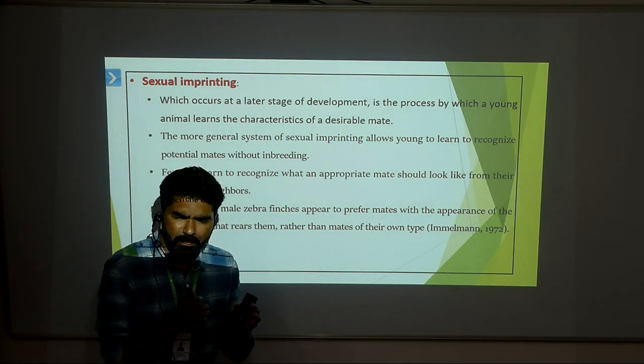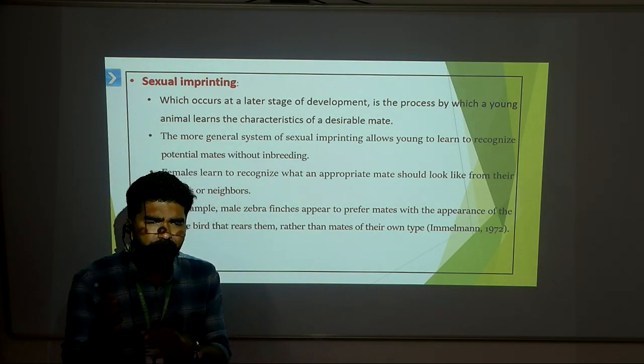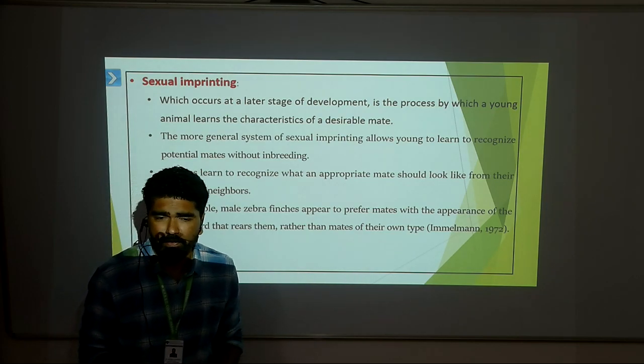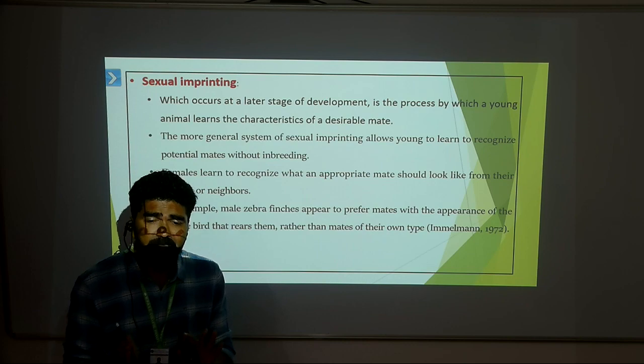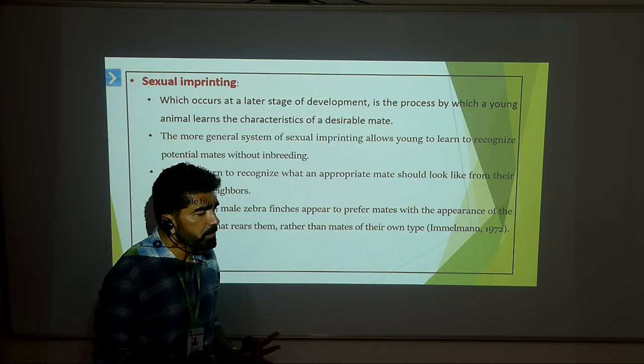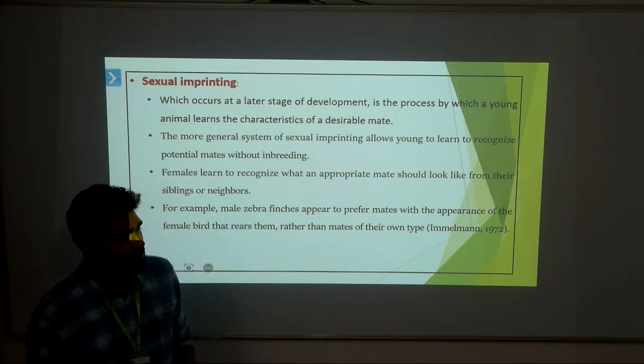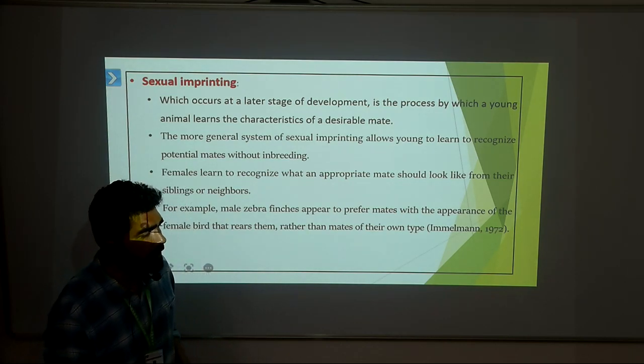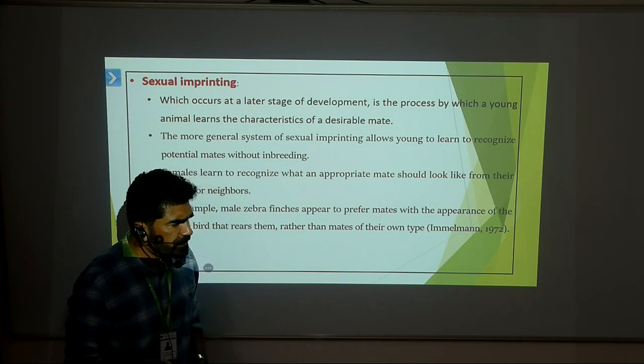Means the males know the females and the females know the males of that particular species before mating. So the female learns to recognize an appropriate mate, and vice versa.